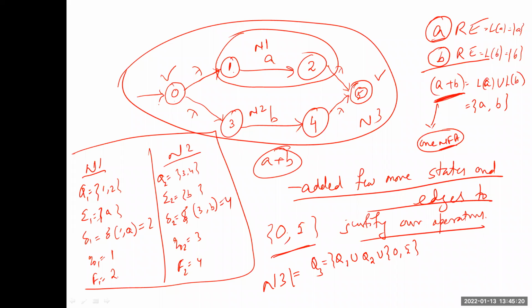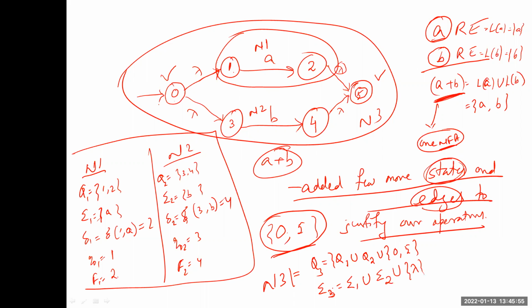Yes, sir. Okay, great. Now, what exactly have we added further? We have added lambda edges, and listed the states. Now what is sigma 3? Sigma 1 union sigma 2 union lambda.